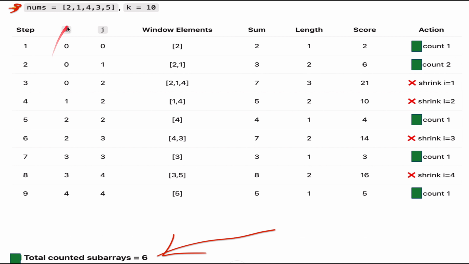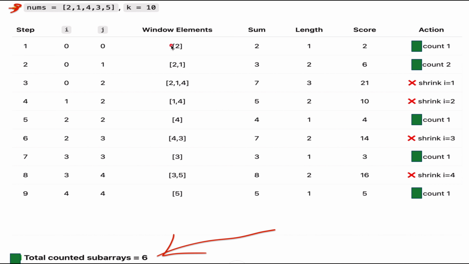In step 1, we take two variables i and j, initially i is 0 and j is also 0, so we start i and j from this index. The only element in this window is 2.